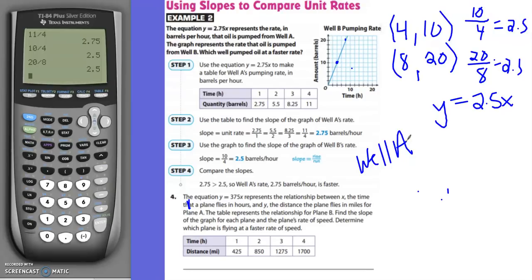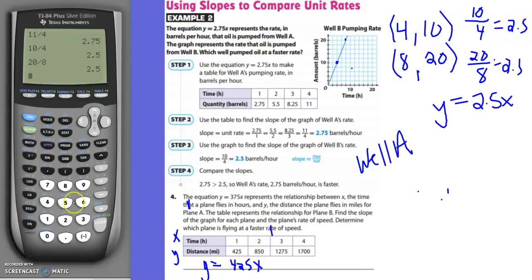Determine which plane is flying at a greater rate of speed. Okay, so let's call this x and this y. Well, this is just 425 over 1, which is 425. So this is y equals 425x.